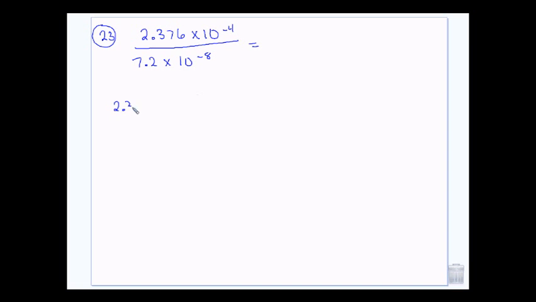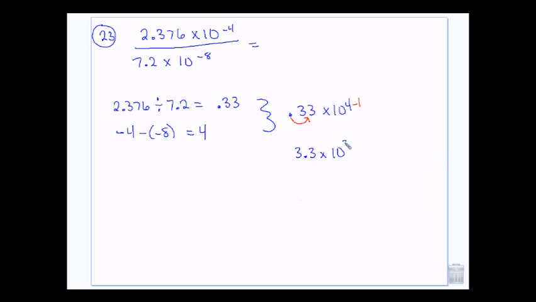So I'm going to do 2.376 divided by 7.2. Yeah, that's definitely got to be adjusted. That's going to be 0.33. And then if I do -4 minus -8, that gives me a +4. So I get 0.33 times 10 to the 4th, but 0.33 is not allowed. So it's 3.3. I have to move this 1 place this way, so I subtract 1 there. So it becomes 3.3 times 10 to the 3rd.